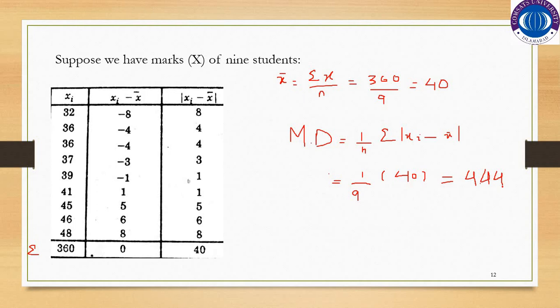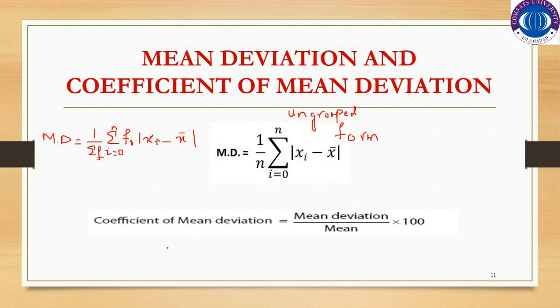So this is the mean deviation, and as you can see, we can find out the coefficient of mean deviation, which is mean deviation over mean into 100.